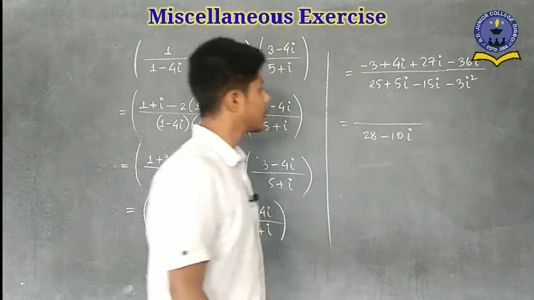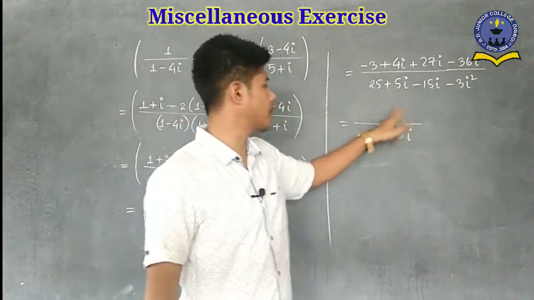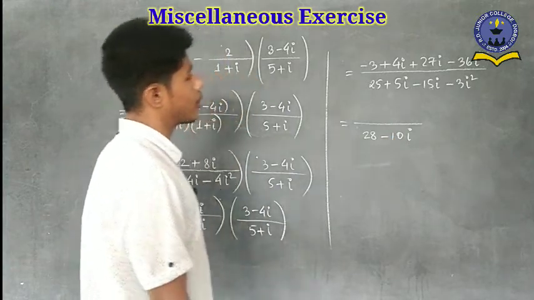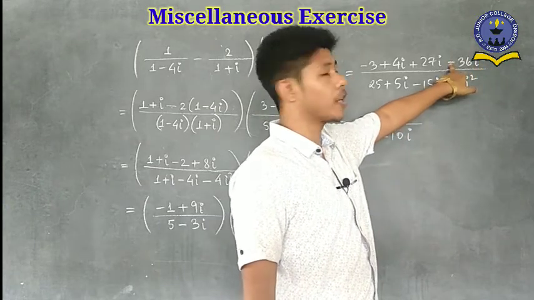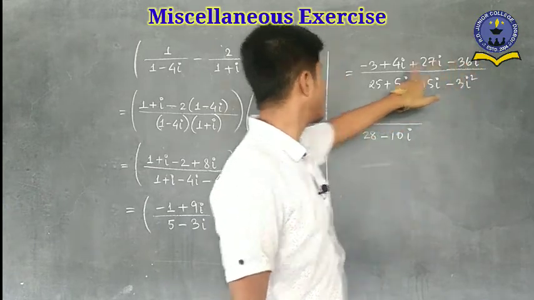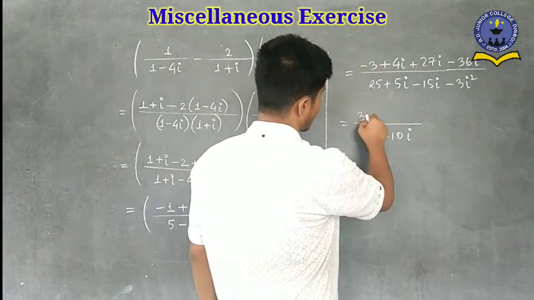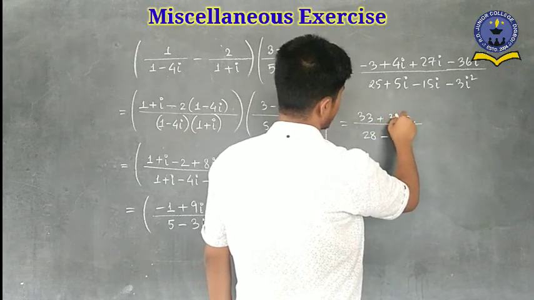I think all of you understood this one. 25 plus 3, 28 here we get, and then minus 15i plus 5i, minus 10i. Similarly, in the numerator part, i square means what? Minus 1, minus minus plus, so 36 minus 3, that means how much we get here? 33. And this one is how much we get here? This one is 31i.